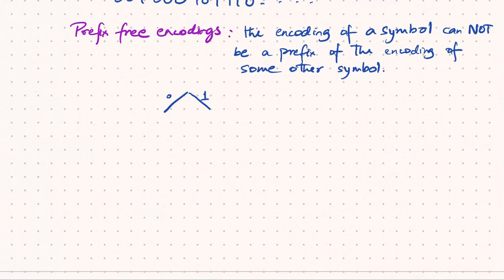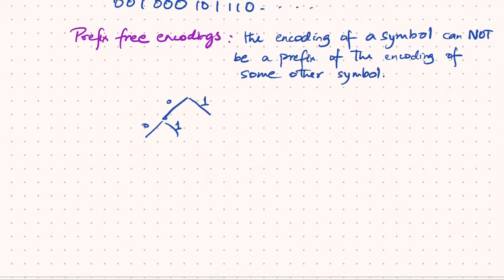Let's look at something like this, a binary tree of this form. Now what does an encoding look like?